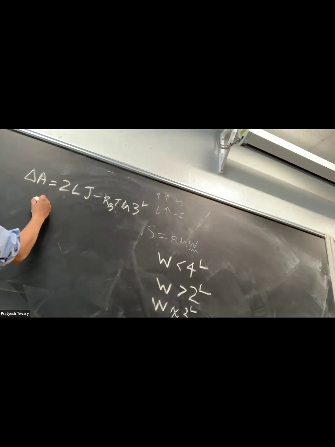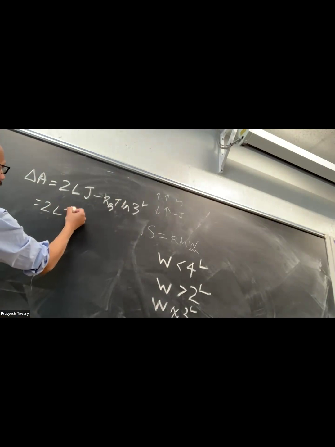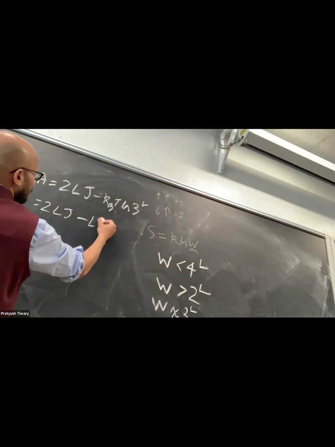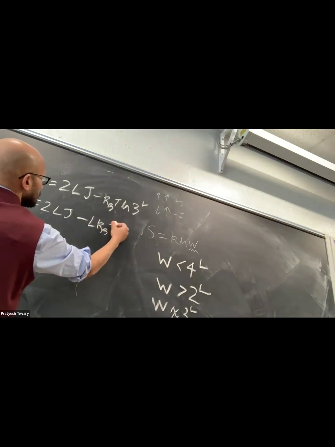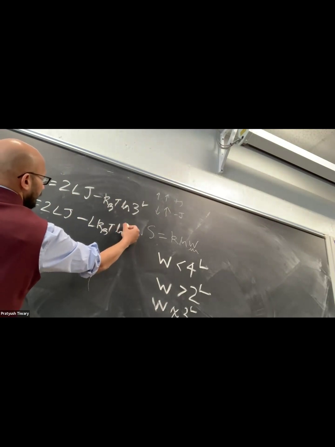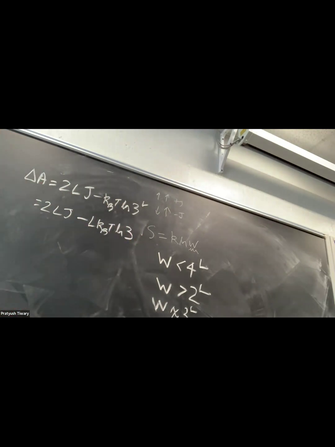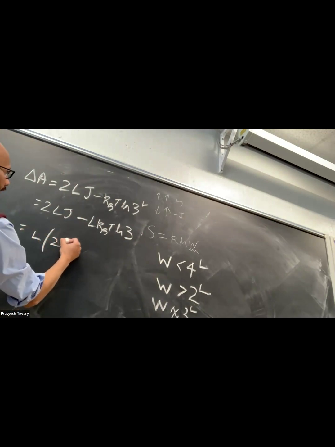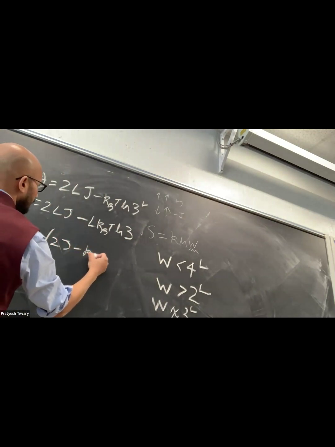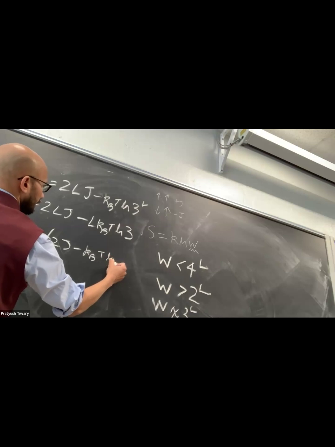So what does this become? This becomes 2LJ minus LkBT ln 3, right? Or this becomes L times (2J minus kBT ln 3).